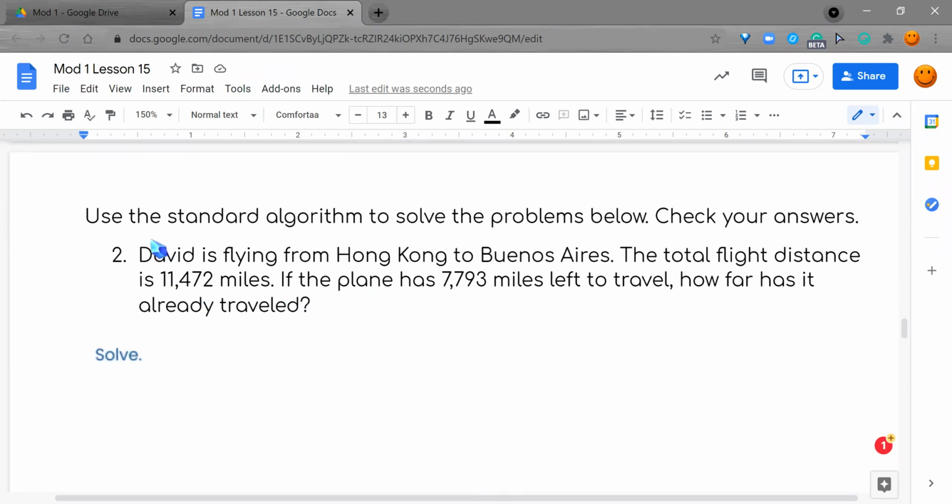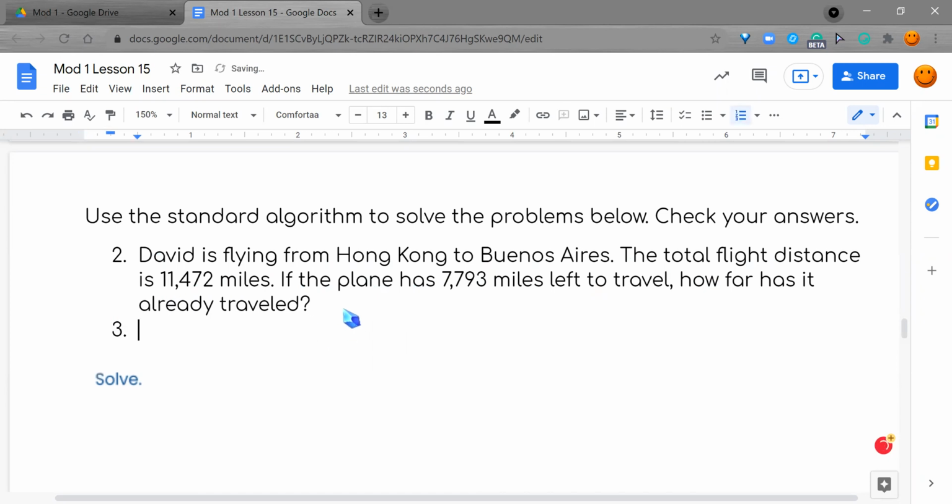Here is our check for understanding. David is flying from Hong Kong to Buenos Aires. The total flight distance is 11,472 miles. If the plane has 7,793 miles left to travel, how far has it already traveled?